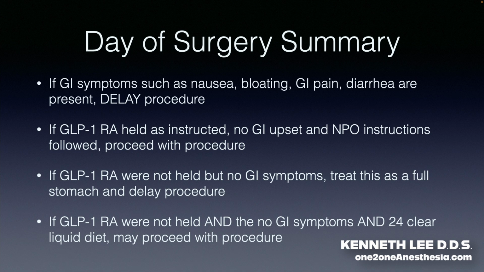If GLP-1 receptor agonists were not held, but no GI symptoms, treat this as a full stomach and delay the procedure. If GLP-1 receptor agonists were not held, and there are no GI symptoms and the patient has had a 24-hour clear liquid diet, you may proceed with the procedure.